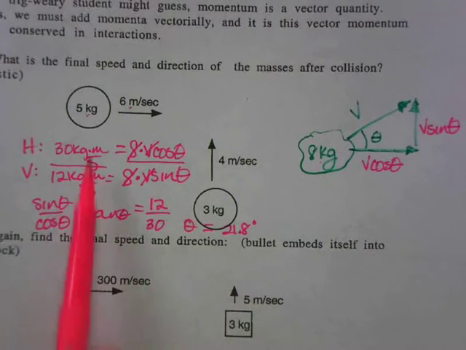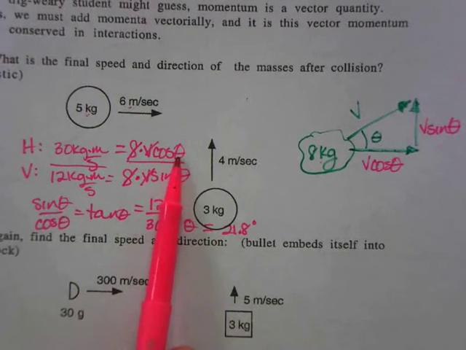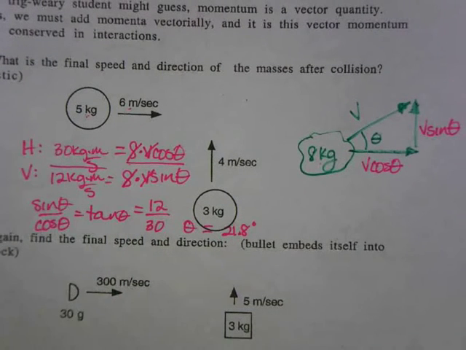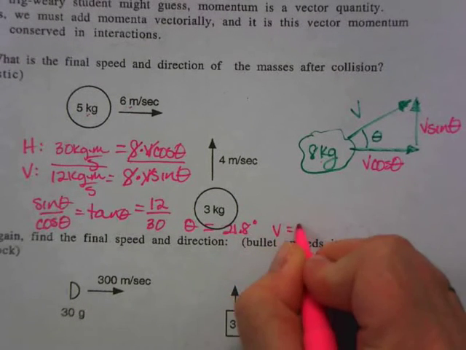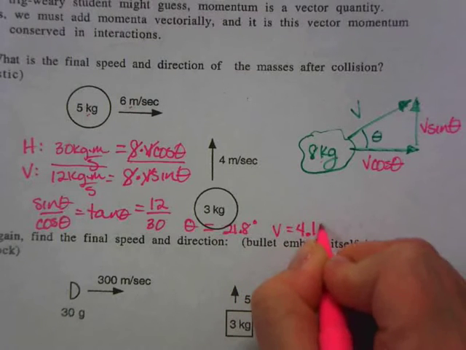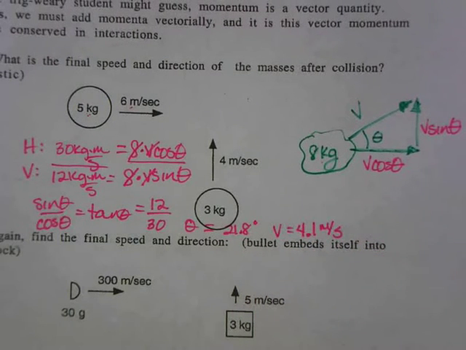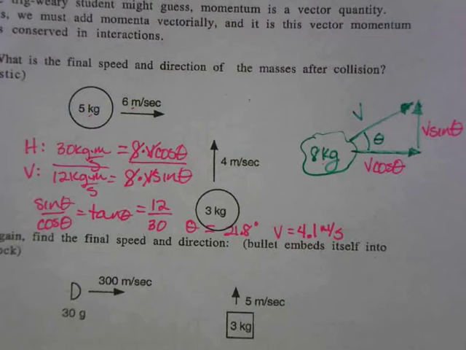And then come back to either one of these original equations, put in 21.8 and solve for v, either here or here. So 30 divided by the cosine of 21.8 degrees equals 8v, so v equals about 4.1 meters per second, or 4.0 depending on when you round.